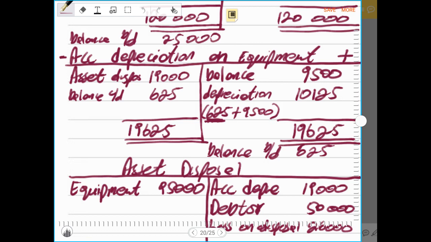Either way, if you want, you can combine the two and record one amount, 10,125, or you can record them separately as 625 and 9,500. It was not required for us to combine it. However, even if you combine it, it's not a problem because you will be recording from the ledger account.